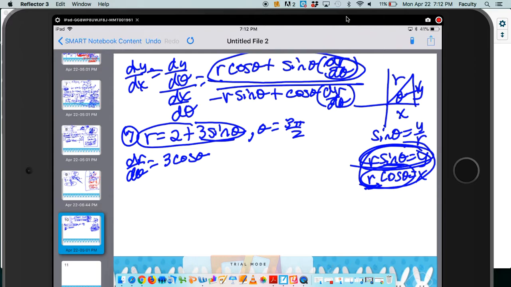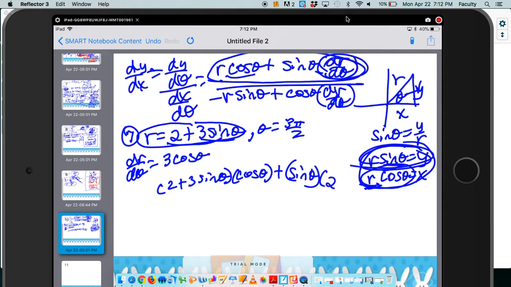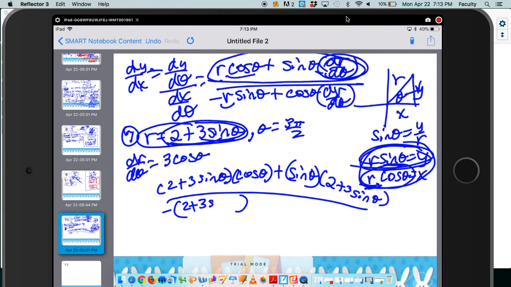So I have r, which is 2 plus 3 sine theta, times cosine theta, plus sine theta times dr d theta, which is 2 plus 3 sine theta, over negative r, which is 2 plus 3 sine theta, plus cosine theta dr d theta, 2 plus 3 sine theta.